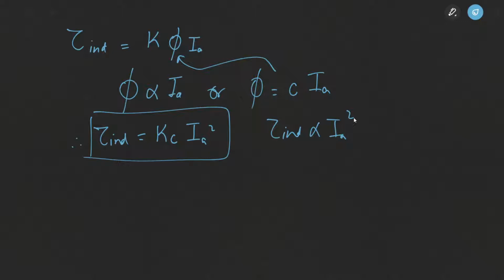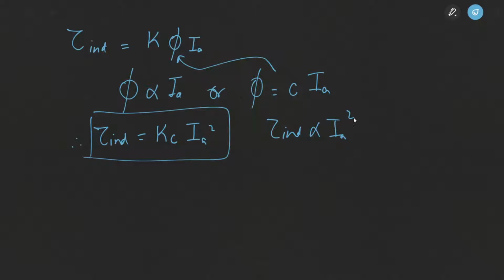The series motor will have more torque as compared to a DC shunt motor for the same value of armature current flowing through the armature circuitry. A DC series motor will be producing more torque as compared to a DC shunt motor. Accordingly, a DC series motor is used for those applications where high torque demands are a requirement.